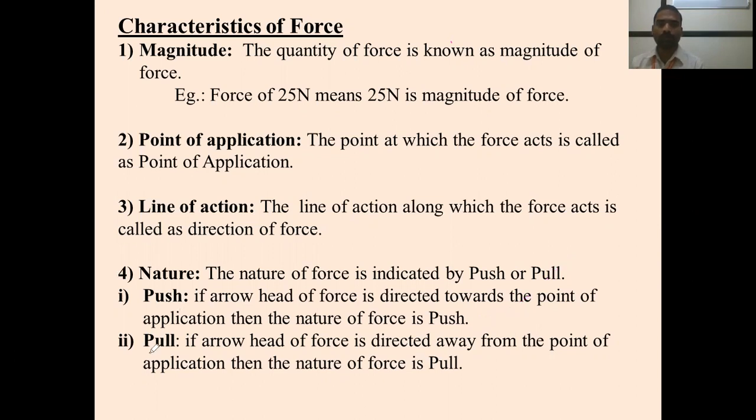Next, what is pull? Pull is when the arrowhead of the force is directed away from the point of action; then the nature of the force is called pull condition. When this is the body and the arrowhead is going away from the point of action, that nature is called pull condition.